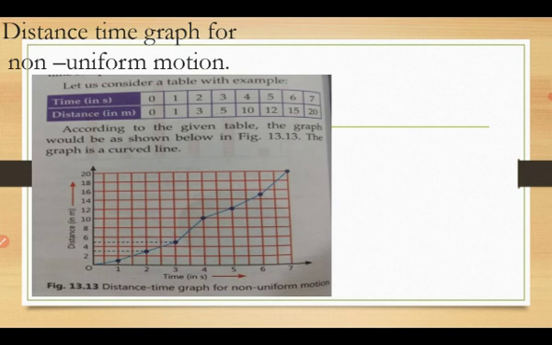We do not get a straight line, we get a curved line. The curved line shows that this object has non-uniform motion.